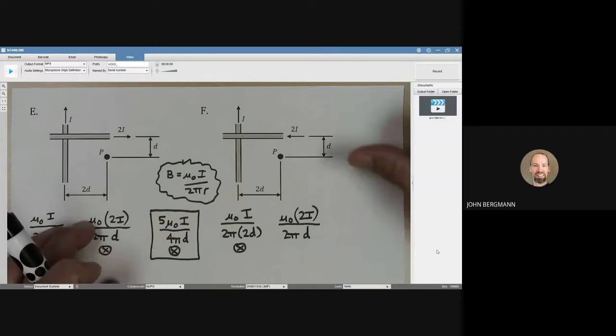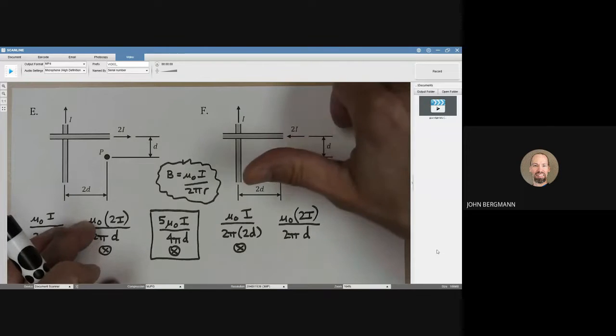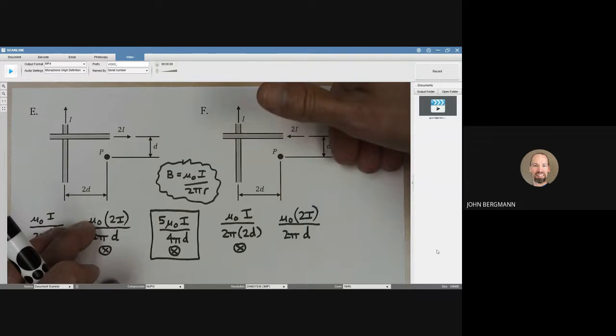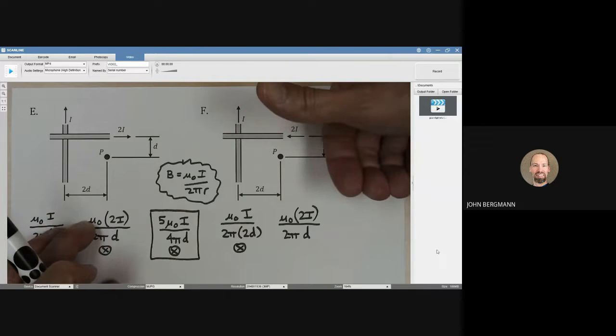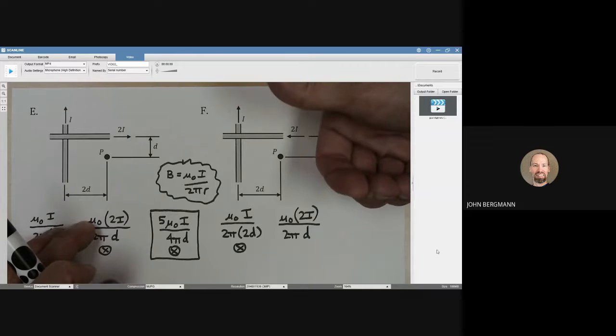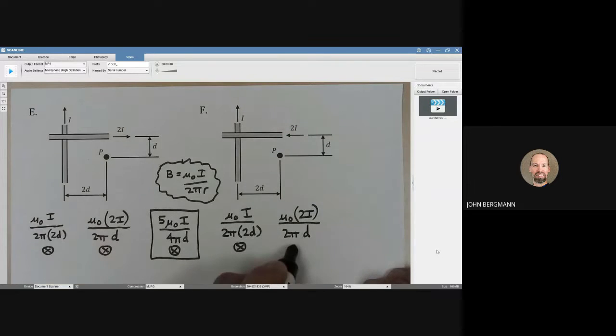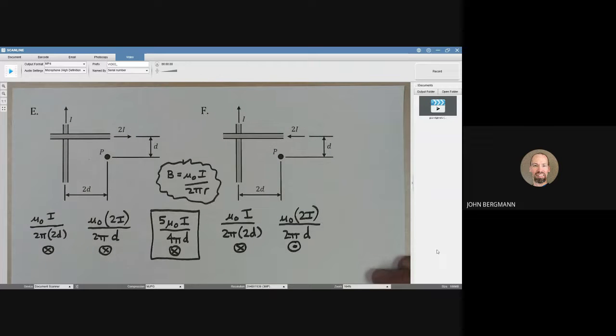And what's the direction of that magnetic field contribution? By the thumbkin twist and right hand rule, put your thumb in the direction of the current and your fingers curl in the direction that the magnetic field lines are. And when we get to point P, look at my fingers, they are pointing towards us, which is indicated by the dot symbol. So we're going to have a subtractive effect here. These amounts are going to have to be subtracted from each other.